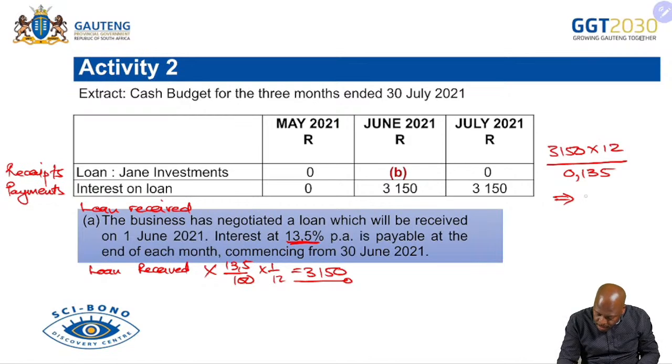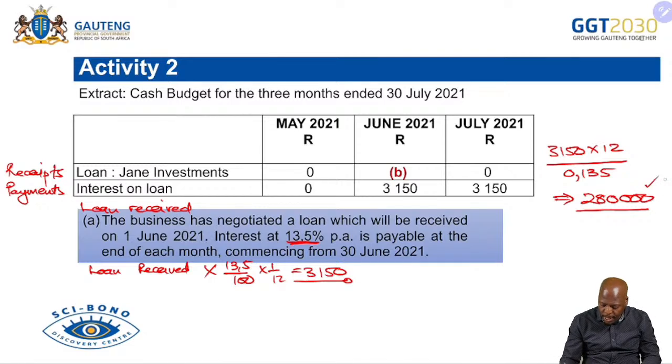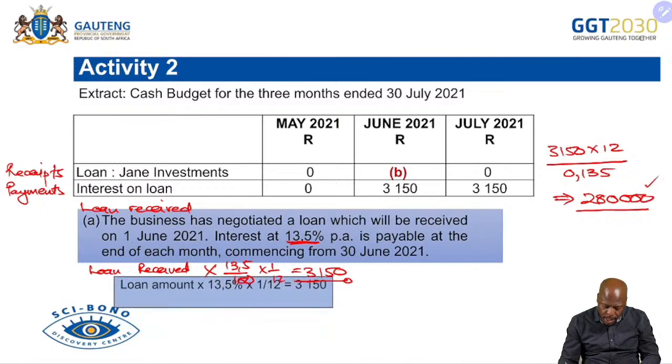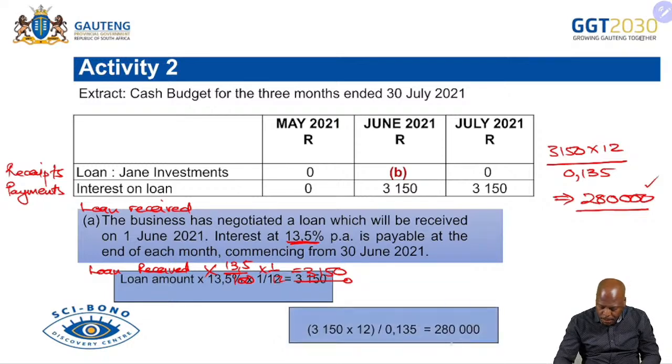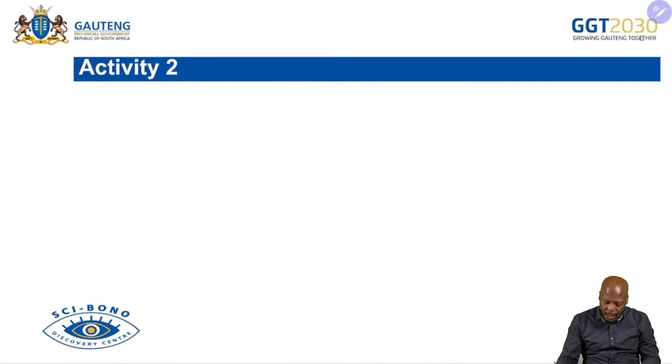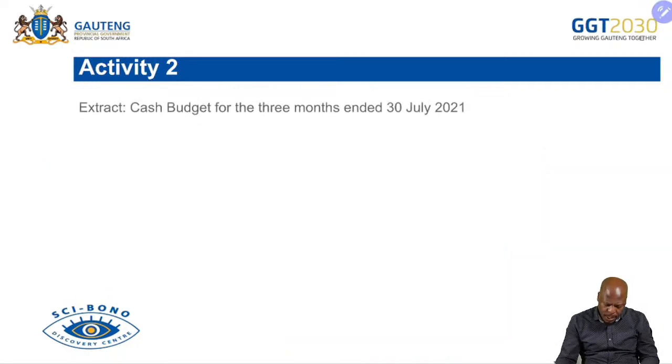Someone is saying, Mr. Simbi, I get 280,000. Someone confirm that, please. Are we all getting 280,000? Oh, yes, we're getting 280,000. All right. Here is how it should appear, and it will eventually appear as 280,000 here. Okay. Let's quickly go on now to the next aspect.